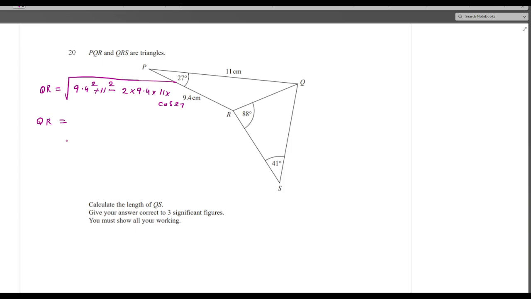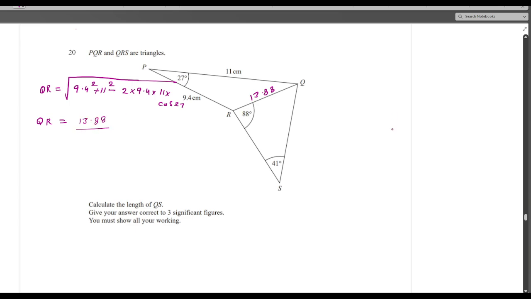This is your cosine rule. Whatever answer we get, we take the square root of that. 13.88. So this length is 13.88. I think this is too bold. Let us decrease its thickness. So this QR is 13.88.